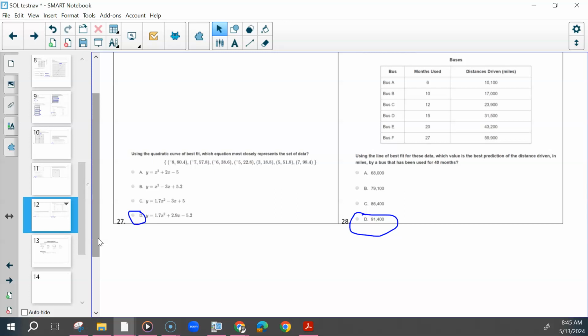The Desmos Hacks SOL review on your desk, we're going to go through that today. This is really one of your last chances to ask questions. How do I do this in Desmos? How do I do this in general? Maybe I don't remember doing this. Or can we go through this because it's been a while?